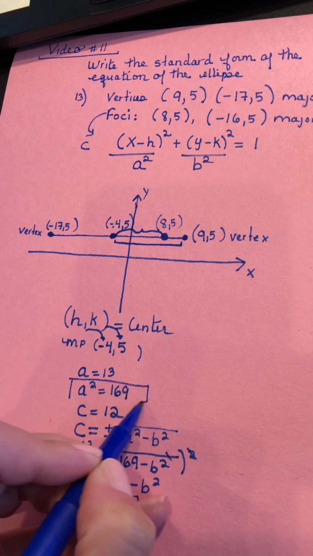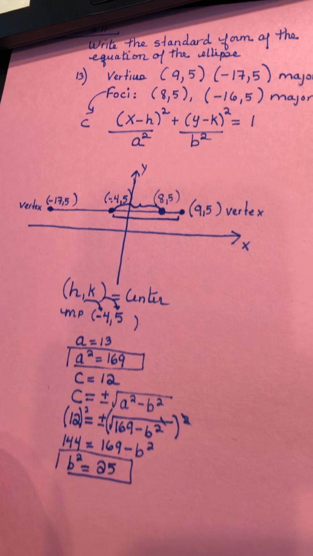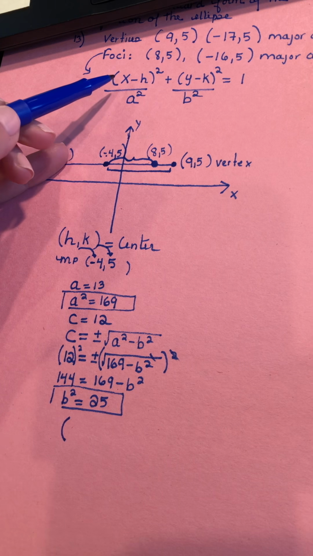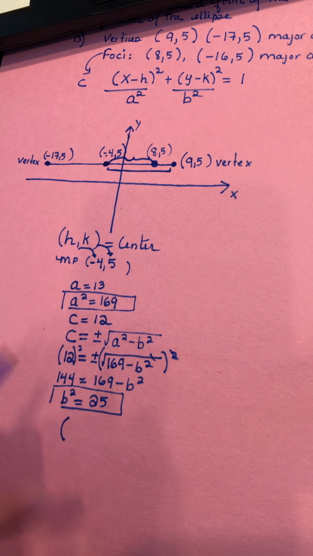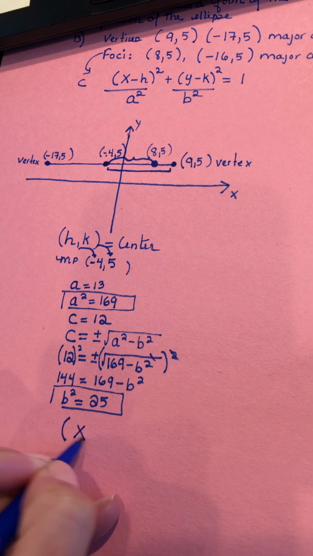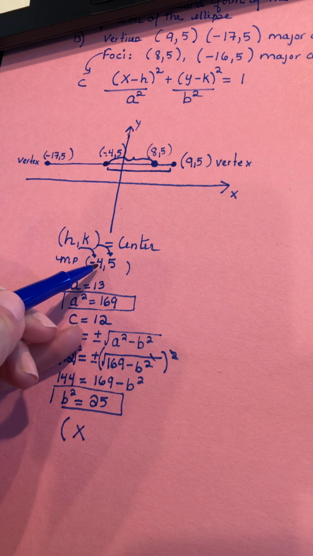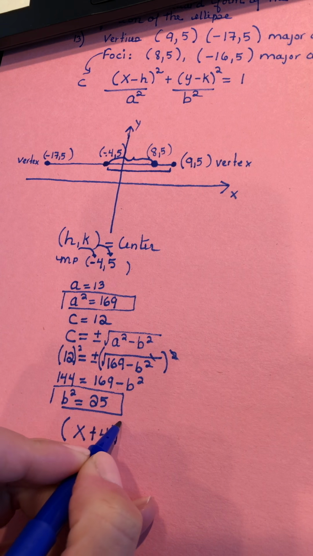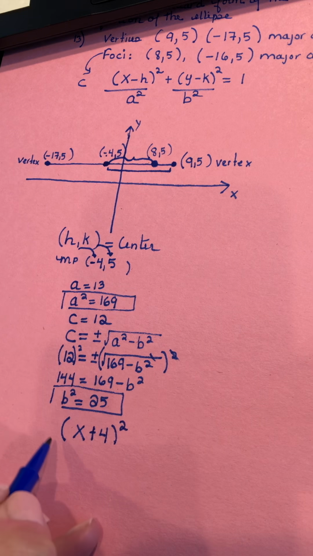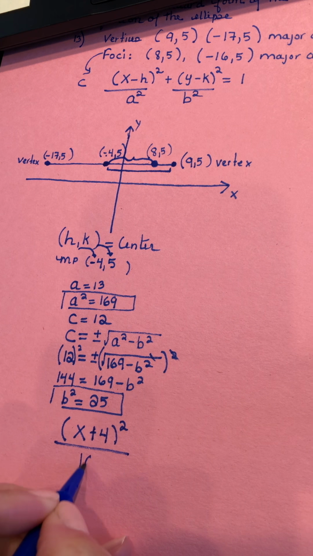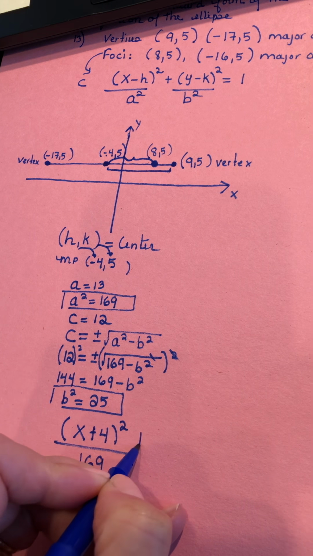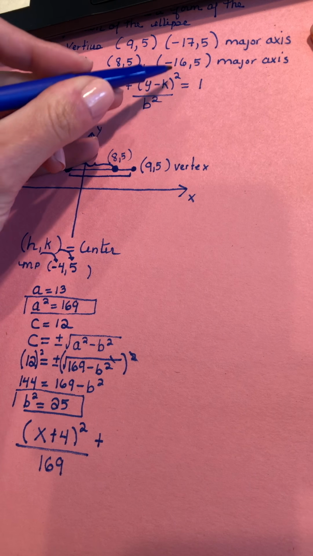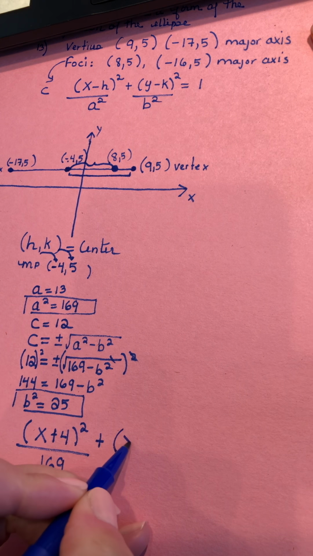Now I can fill in all of my missing information, and I'm going to do that here. So (x minus h), I'm going to do x minus negative 4, so that's going to appear like (x plus 4) quantity squared, all over a squared, and I know that a squared is 169. Then I'm going to do (y minus k) quantity squared, okay?